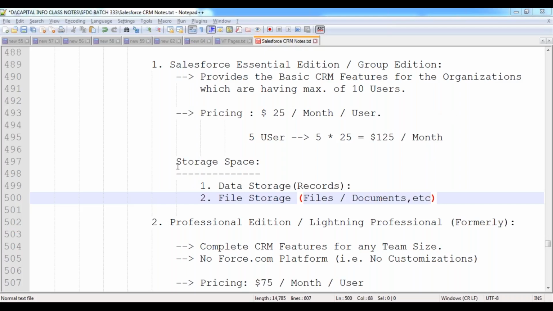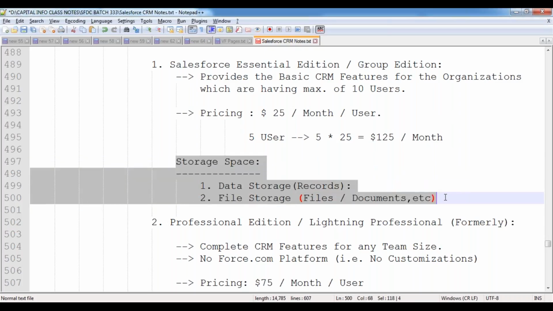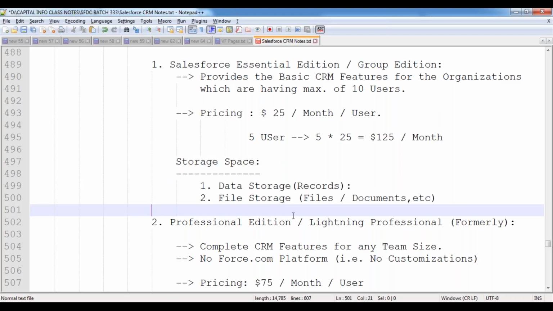Now, how much storage space will be given by Salesforce for each and every edition? Let me explain. If it is the Essential edition, they will have 10 GB of data storage.